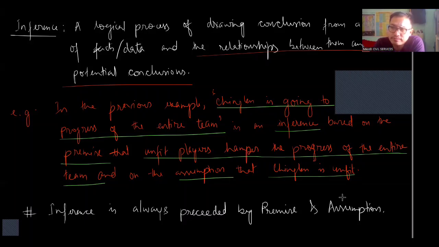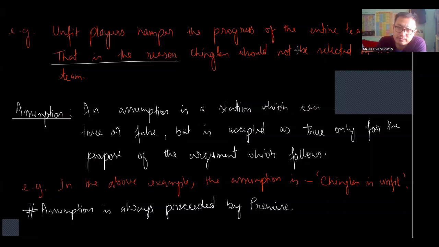The inference is unfit players should not be selected in the team. This is the premise, but what is your assumption? Unfit players should not be selected in the team.